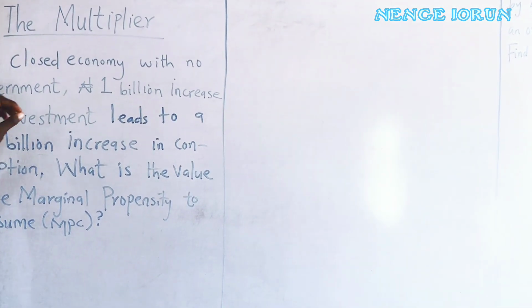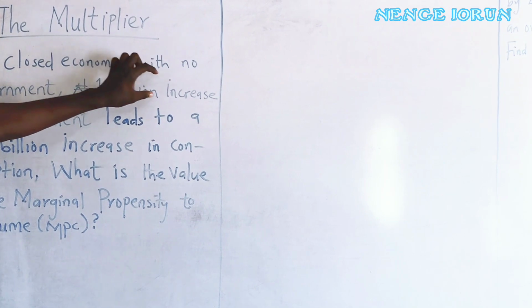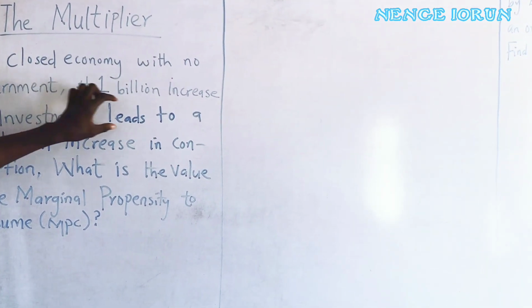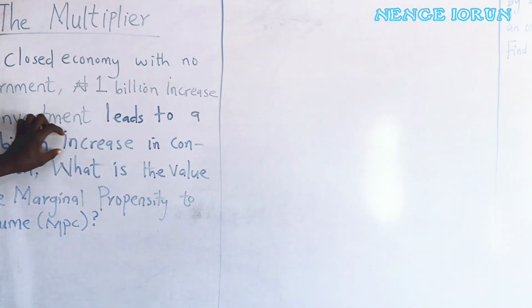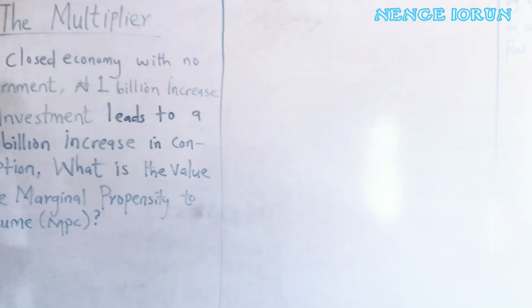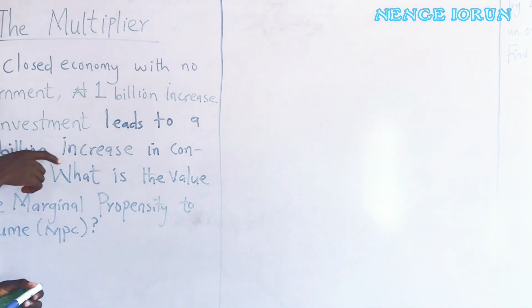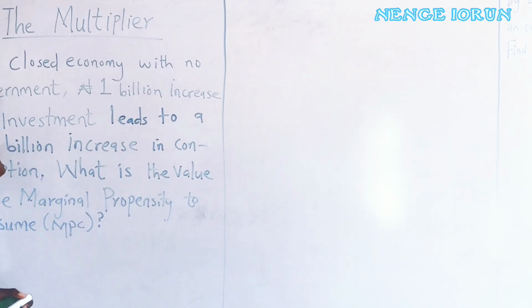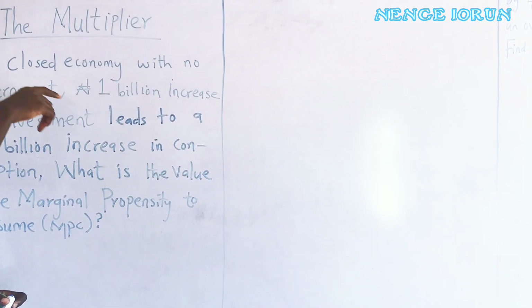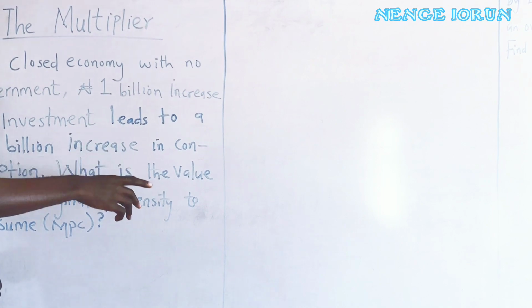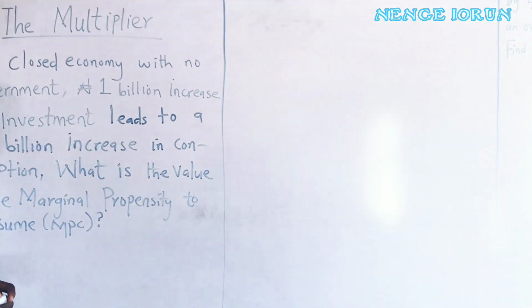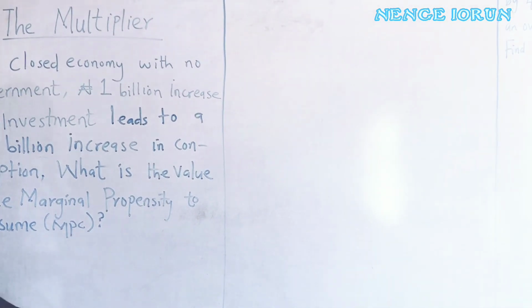A 1 billion increase in investment leads to 5 billion increase in consumption. The multiplier in this question is the 5, and the marginal propensity to consume is not given, which is the requirement of the question.